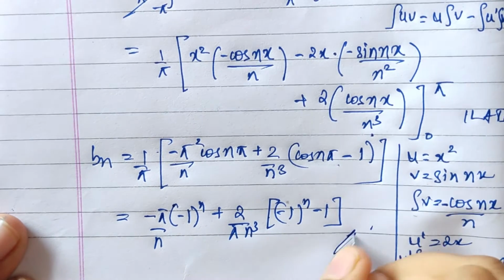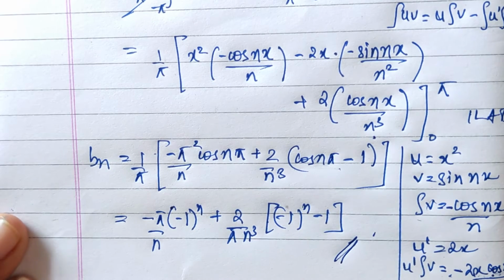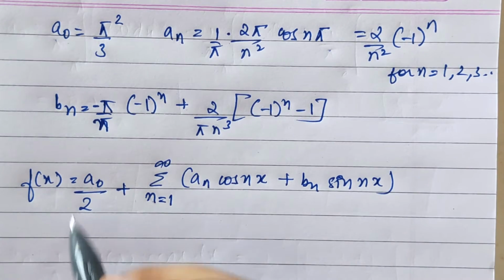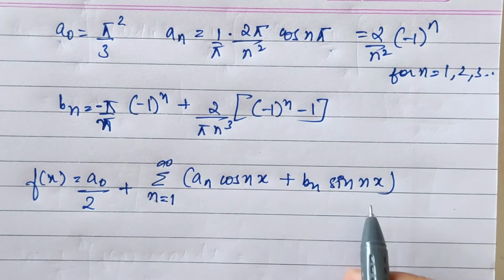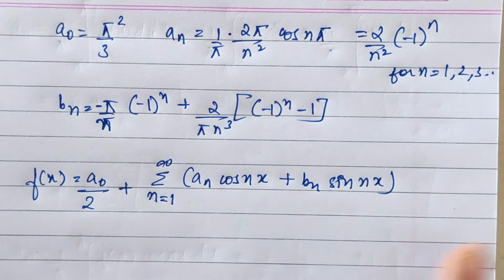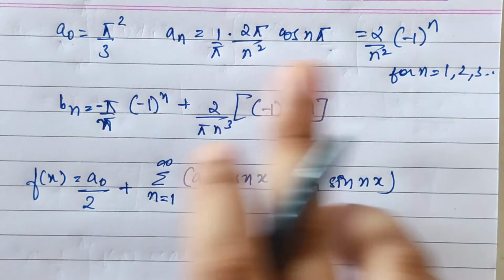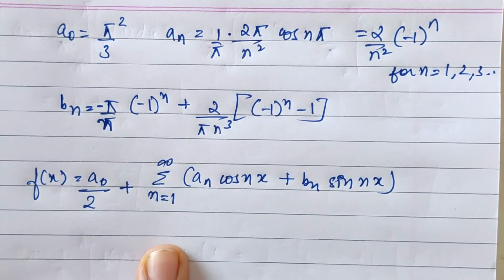So we have got our a naught, an and bn. So now we have our Fourier series formula for the Euler's theorem as well. All we need to do now is to substitute all the values that we have got into the main equation.